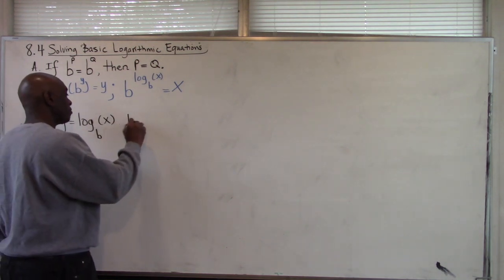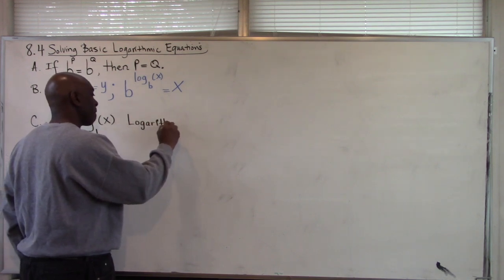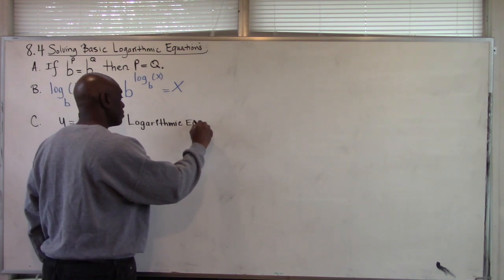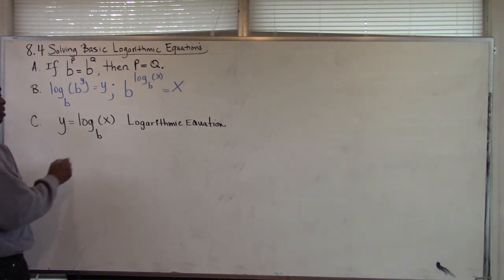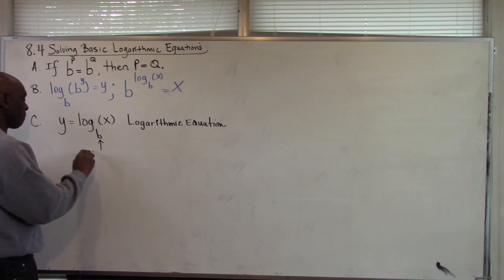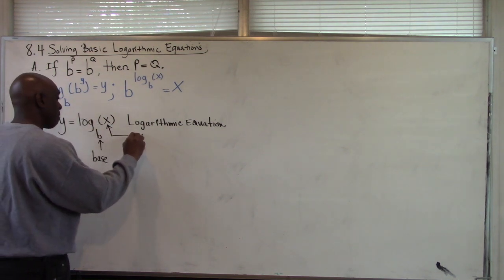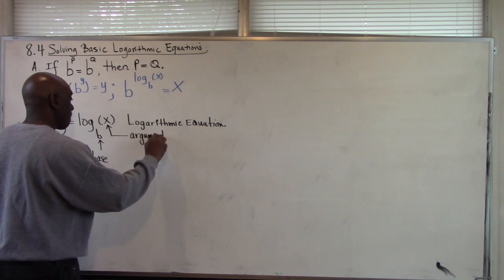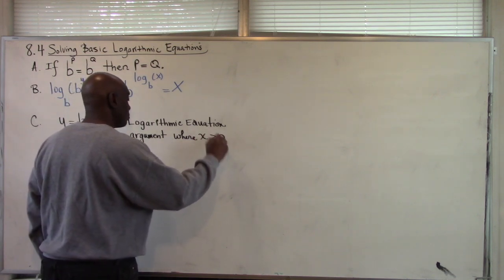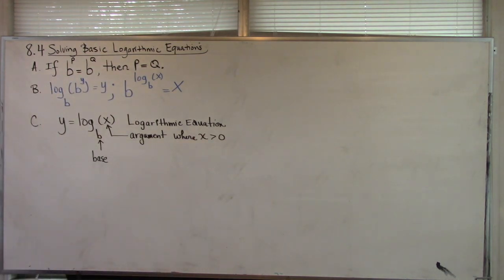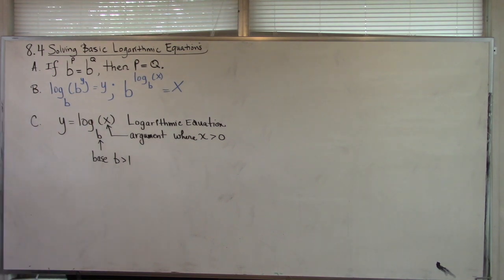This is a logarithmic equation, where this b here is called the base, and this x right here is called the argument, where x is greater than 0, and our base b is greater than 1.